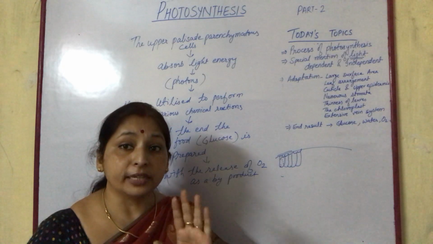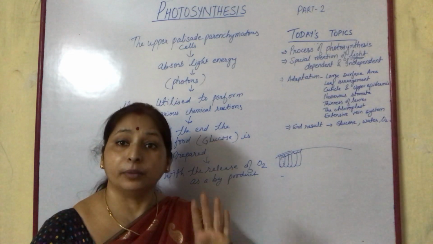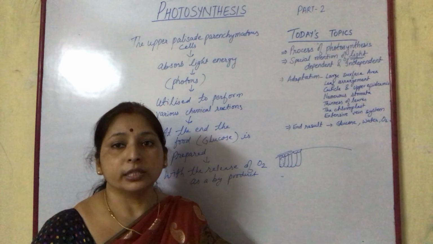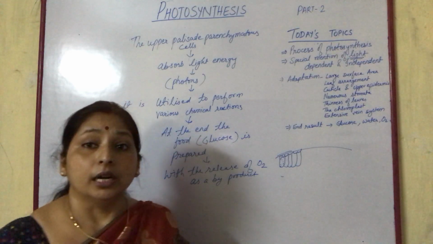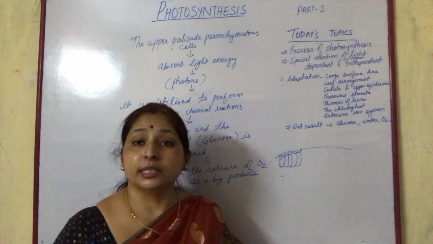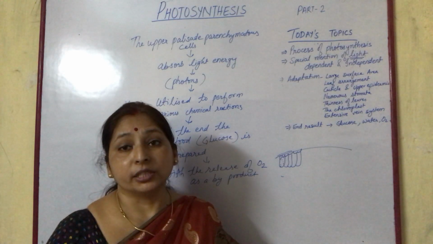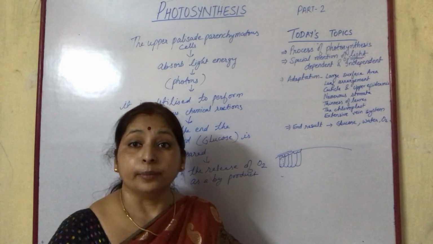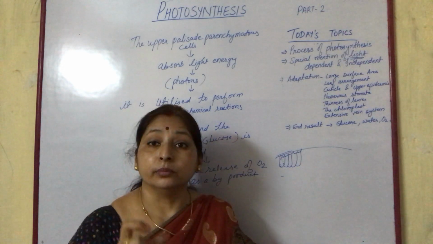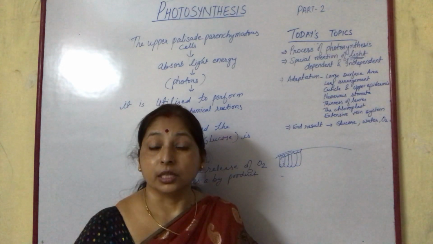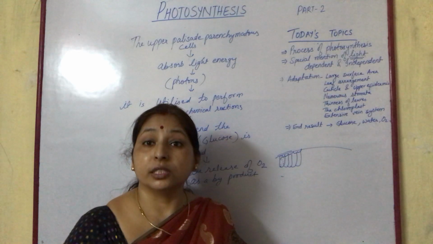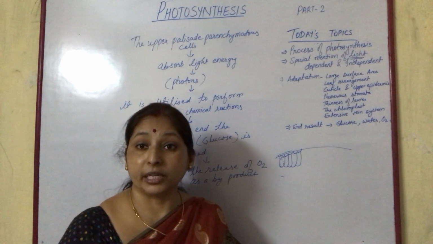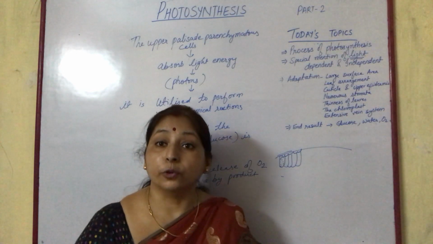Students always get confused that human beings and animals respire, taking oxygen and giving out carbon dioxide, while plants give out oxygen. But the giving out of oxygen is not by respiration, it is by the process of photosynthesis.